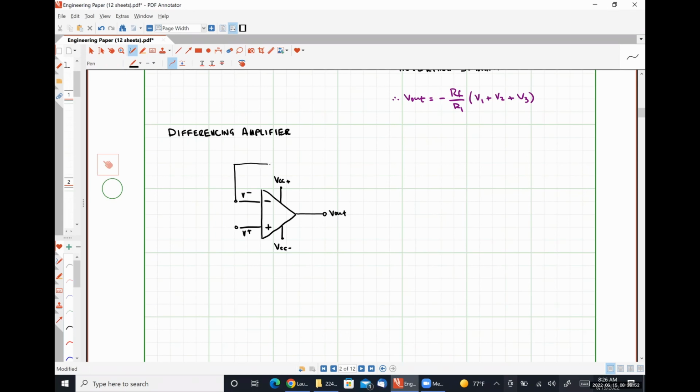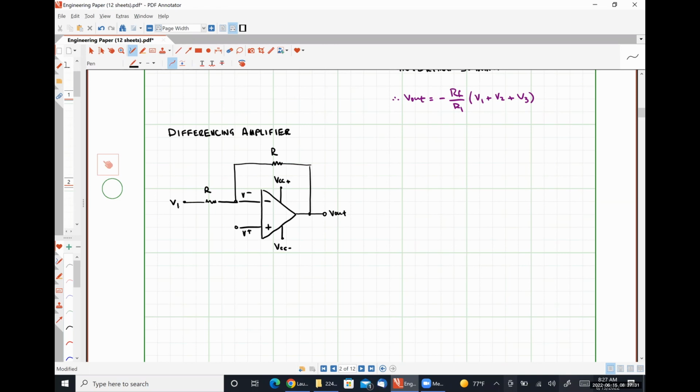So I'm going to apply a resistor between my inverting input terminal and my output terminal, and I'm just going to label this resistor R. I am going to have another resistor R between my inverting input terminal and this input signal that I'm going to call V1 here. So to this point, this looks extraordinarily similar to an inverting amplifier.